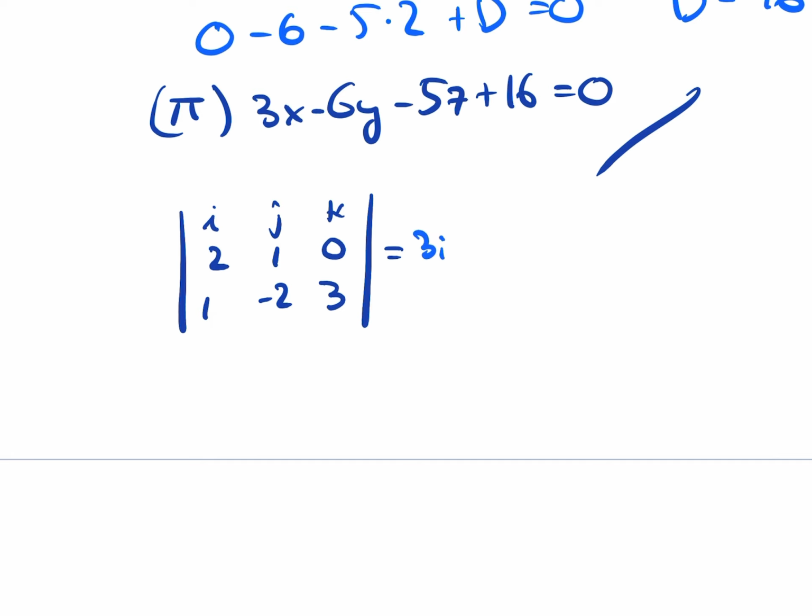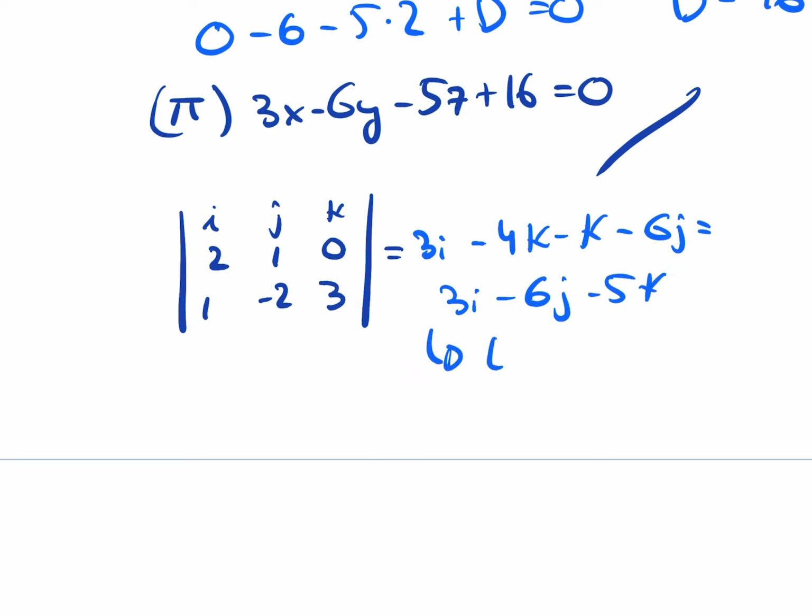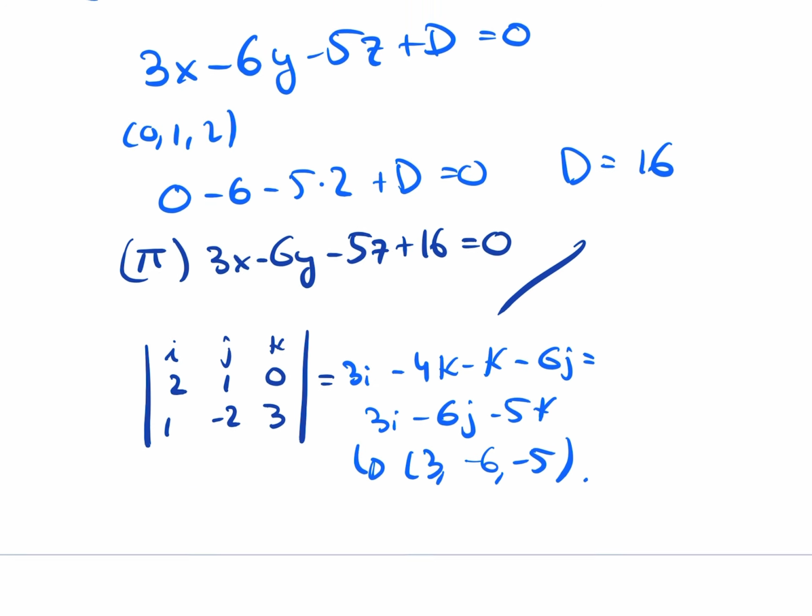This is 3i minus 4k minus k minus 6j, which is equal to 3i minus 6j minus 5k, which means vector 3, -6, -5. And with this, we're done with the test.